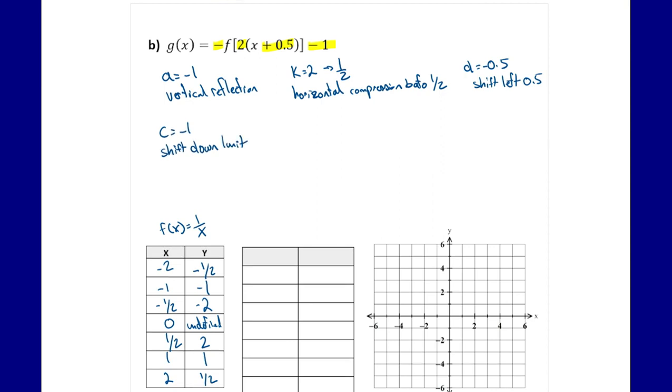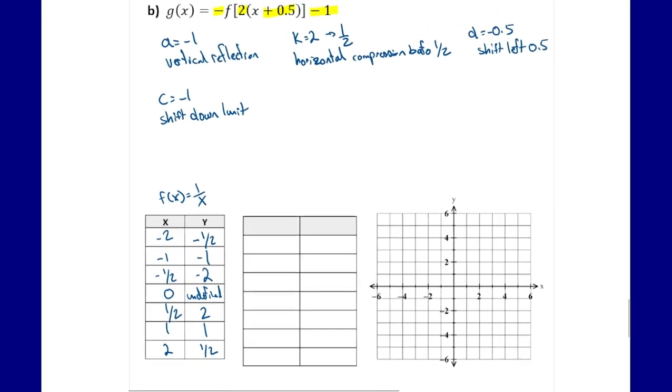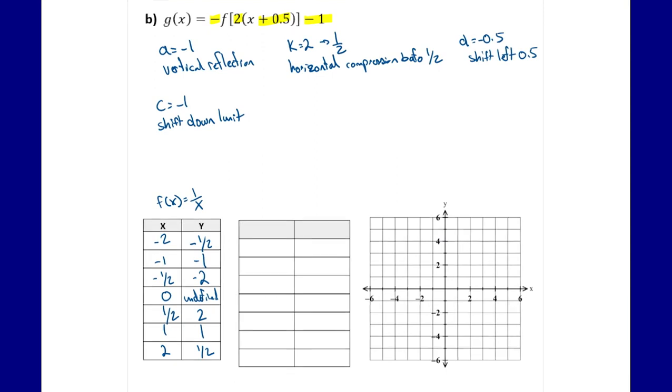Now I didn't put in how that's going to affect the x and y values, because I'm going to use that in my mapping notation. So I'm just going to do this example as if we just did the mapping notation. The mapping notation was x divided by k plus d, and for our y value it was ay plus c. So I can plug in all my variables into this.